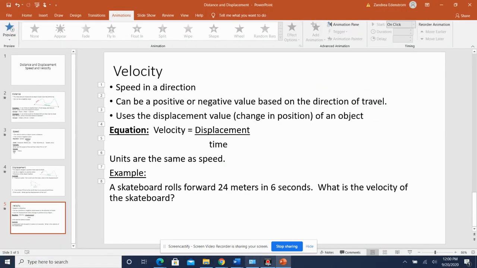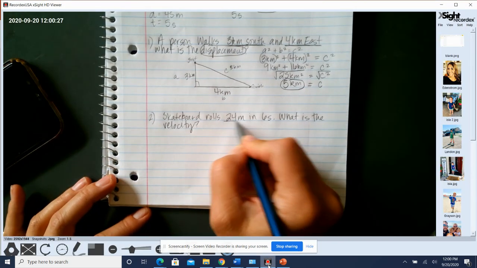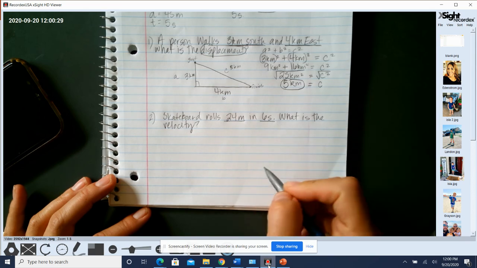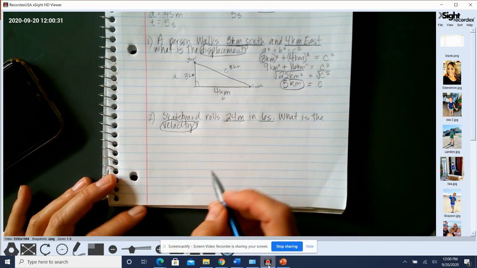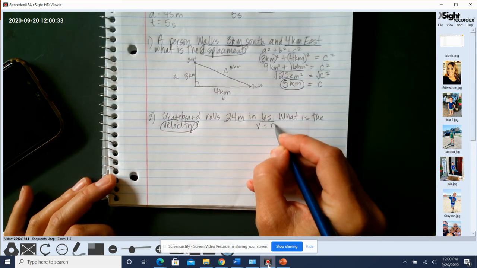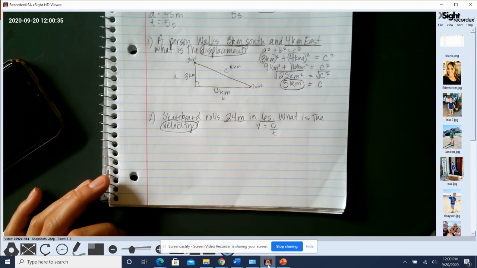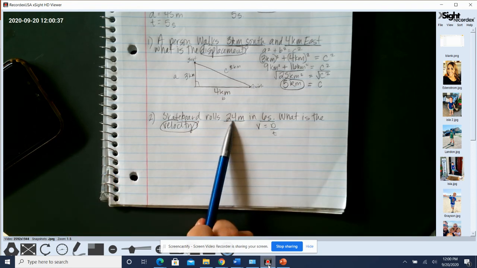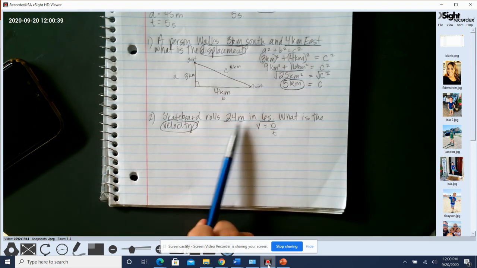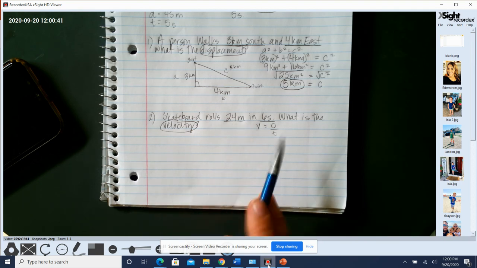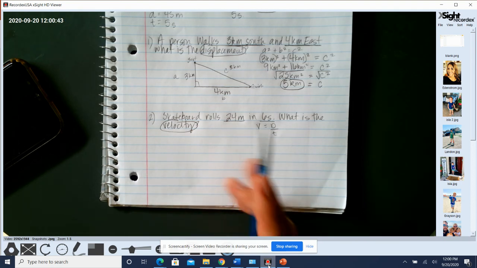So I'm going to go over the camera and remember, same thing. I'm given 24 meters in 6 seconds. What is the velocity? We know that velocity equals displacement divided by time. So the displacement it moved, since it went one direction, was 24 meters. Time was 6 seconds. Velocity is what we're looking for.